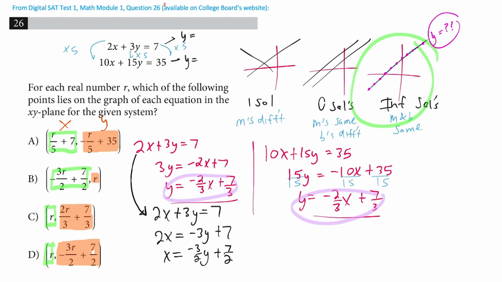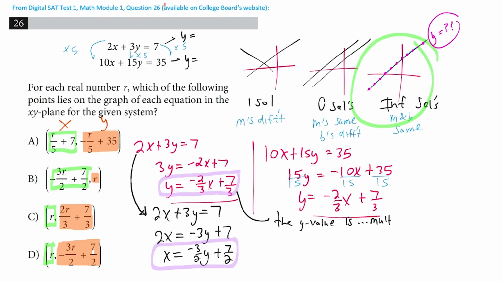So now, understanding this a little bit better, we've got y equals negative 2/3 x plus 7/3, and in x equals form, it's x equals negative 3/2 y plus 7/2. Now let's verbalize this. The y value is what you get when you multiply x by negative 2/3 and then add 7/3 to that.